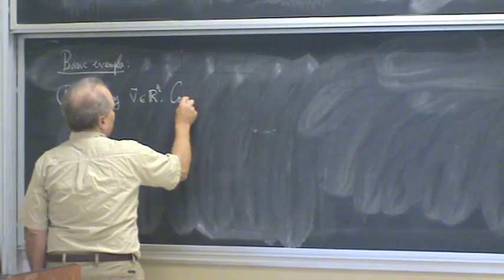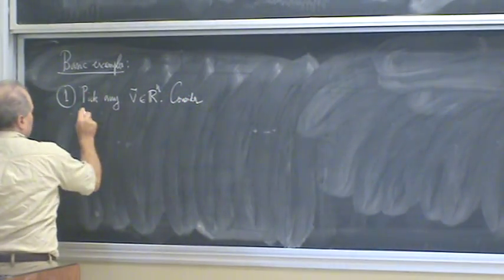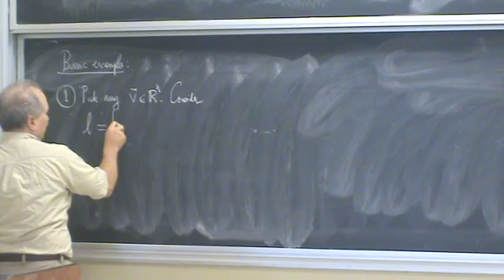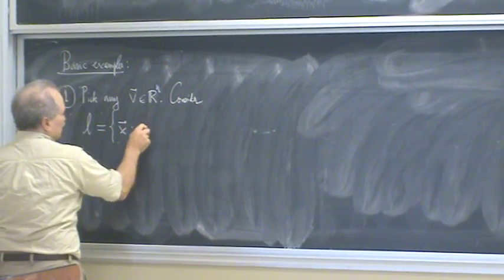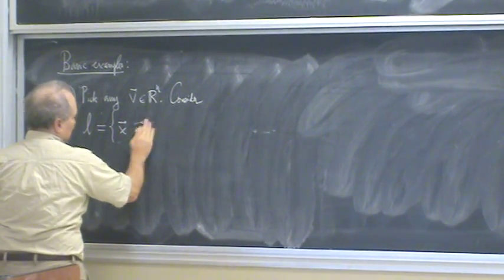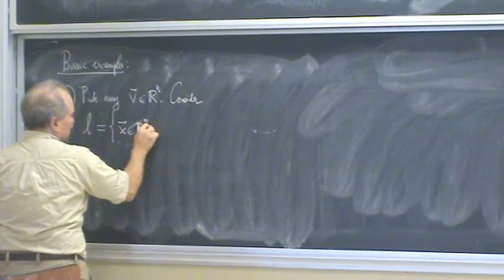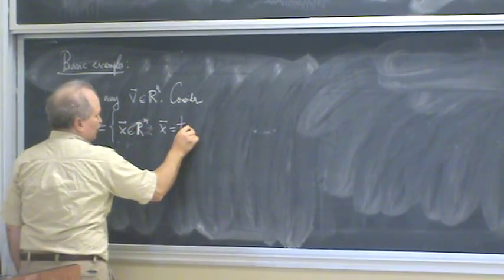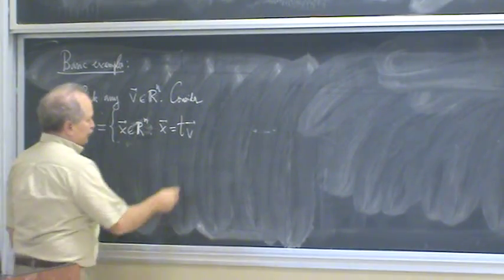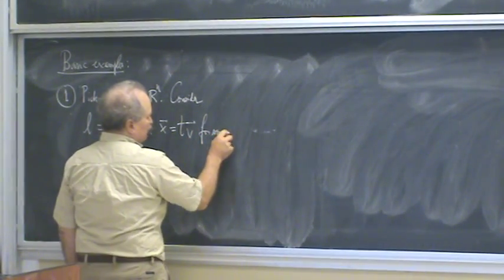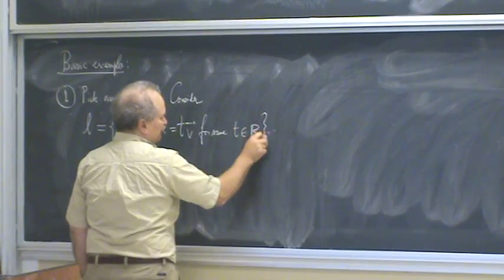and consider, I'll call it script L, the set of vectors of the form x, let's say, just to specify, in Rn, so that x is some scalar t times v for some scalar t.